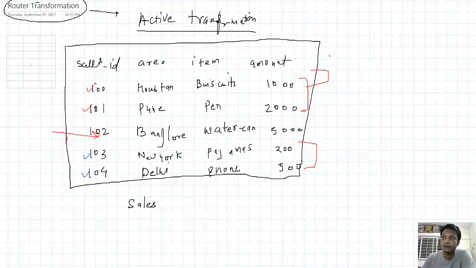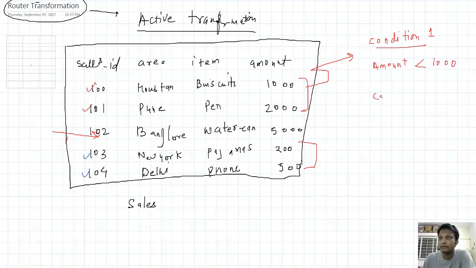Okay? So I'm going to write the conditions corresponding to it. Condition 1 would be amount less than 1000.